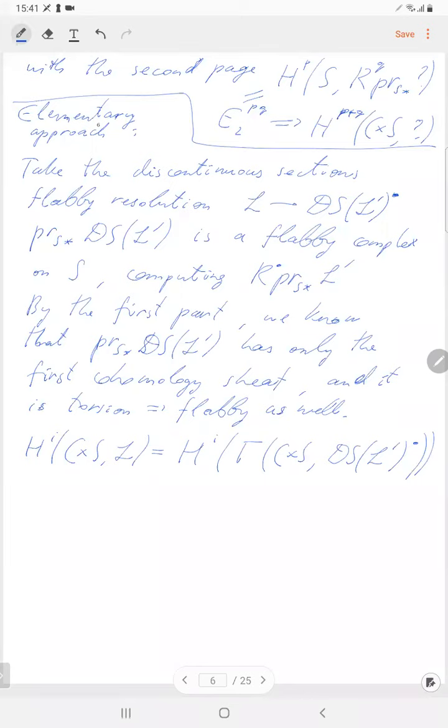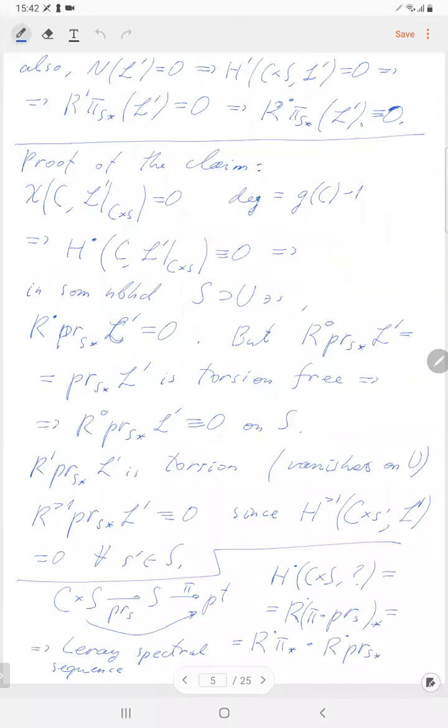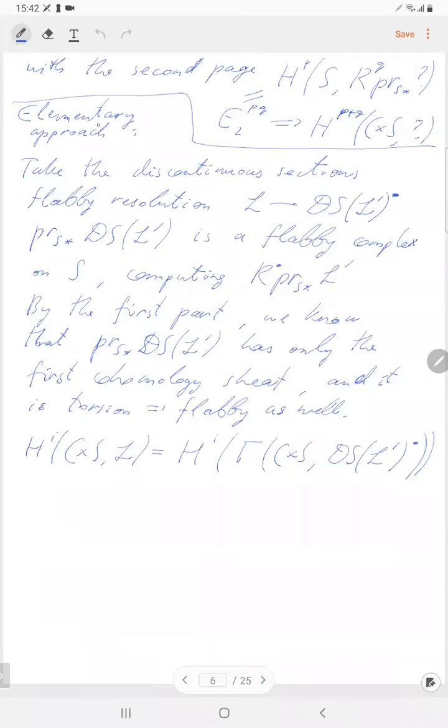But I just thought that I always work with L prime. Maybe I forgot sometimes to put prime, but at least I meant to always use L prime, the special representative of good degree, and for example, when you choose Flabby resolution of L, it's L prime. Sorry, yeah, everywhere must be L prime.